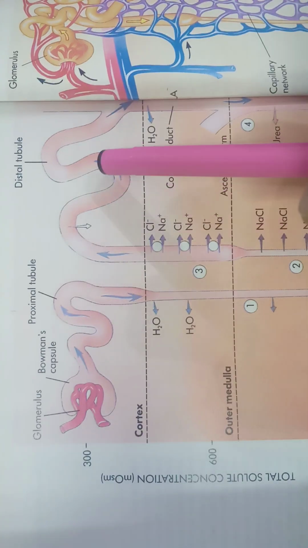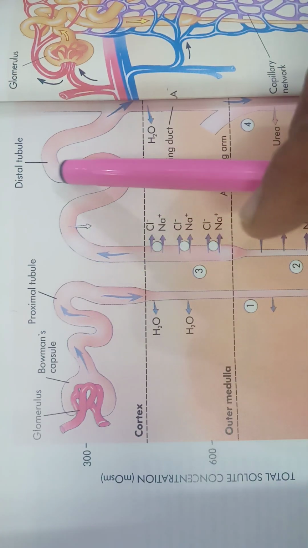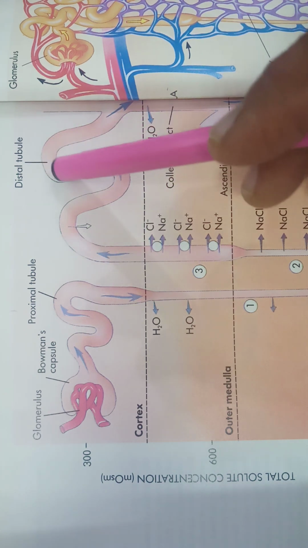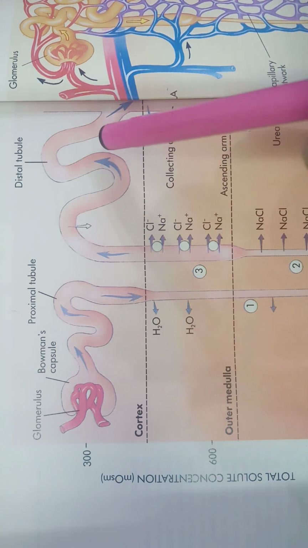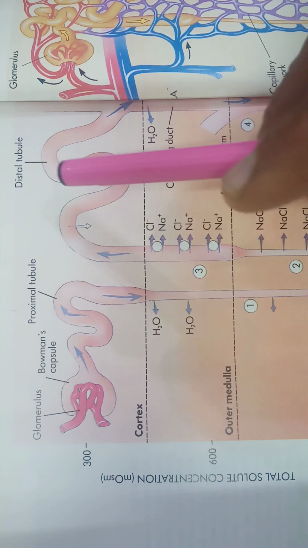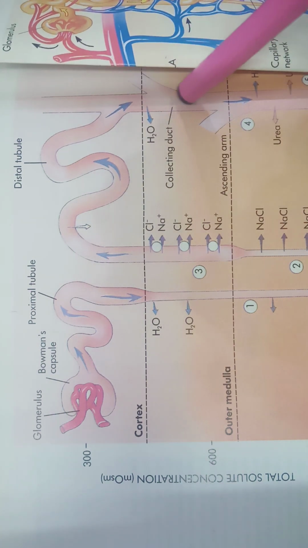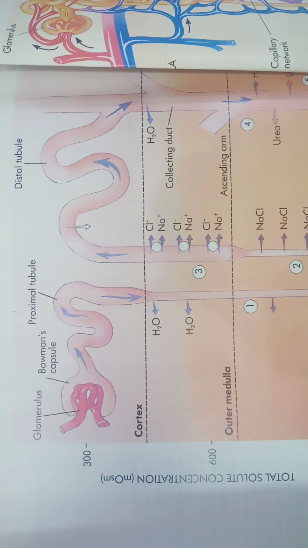The distal convoluted tubule has more potential to reabsorb useful substances like amino acids, magnesium, calcium and sodium ions. The final one is the urine collecting duct.